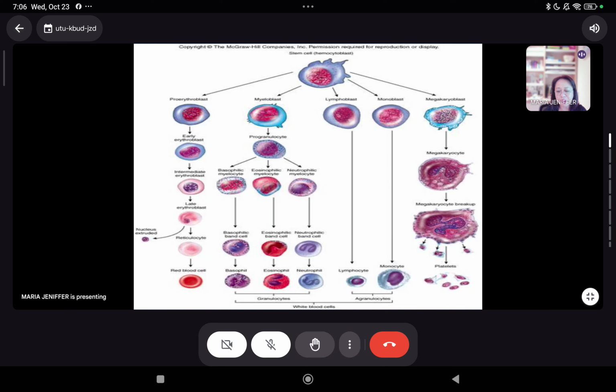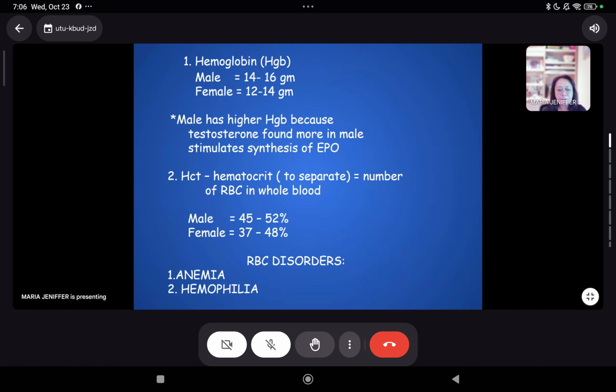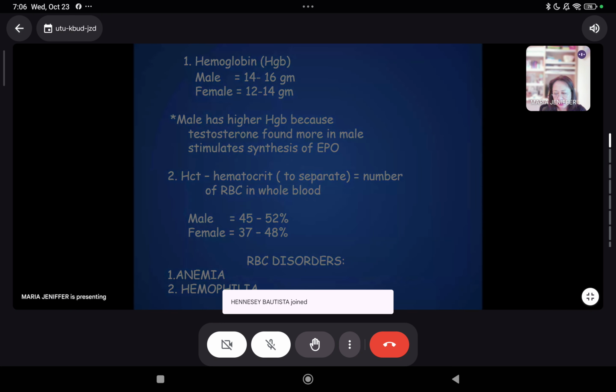And we also have the agranulocytes, which do not contain granules: the lymphocyte and the monocyte. Okay. So I think we stop there, no?